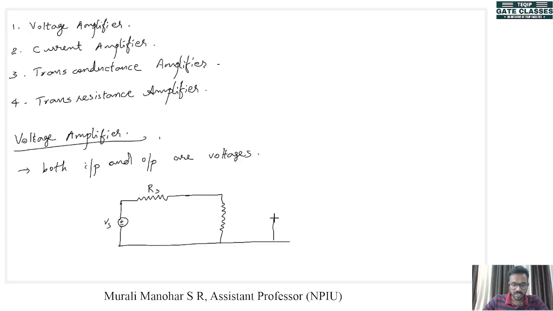Here we have a voltage controlled voltage source. And there is the output resistance of our amplifier and the load resistance. Now this is the amplifier part.